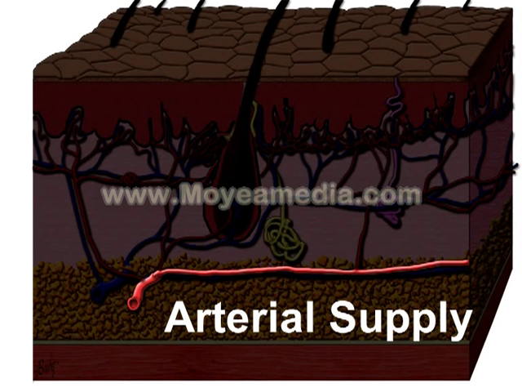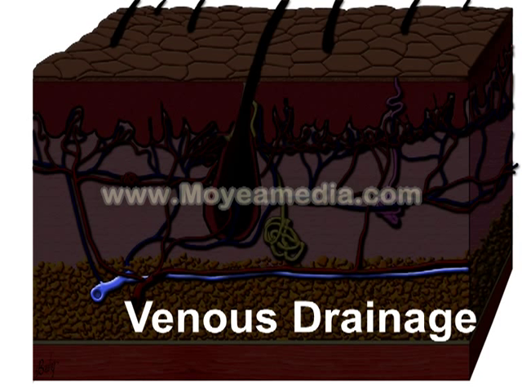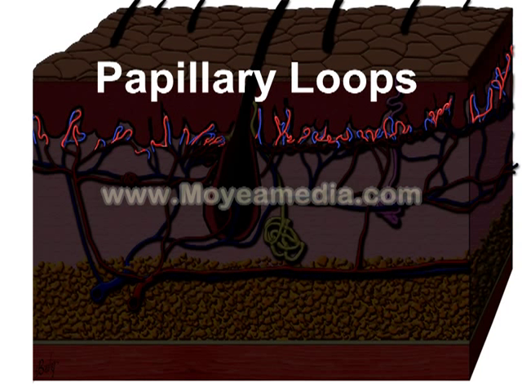The arterial supply comes into the skin and forms part of the deep plexus at the level of the dermal subcutaneous junction. Venous drainage is parallel to the arterial side. Papillary loops are present within the papillary dermis.